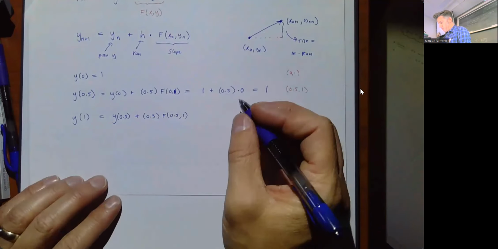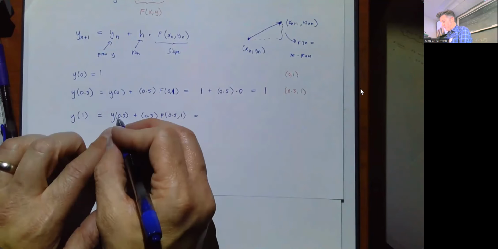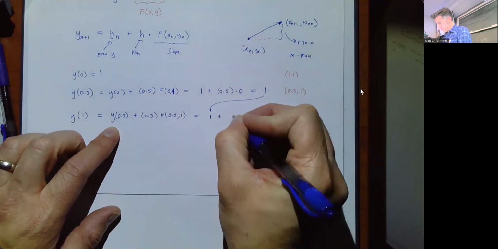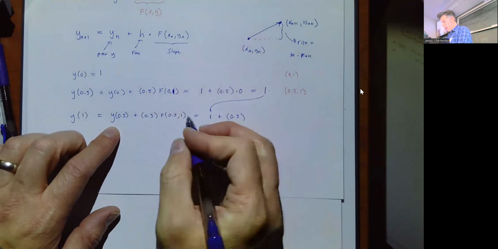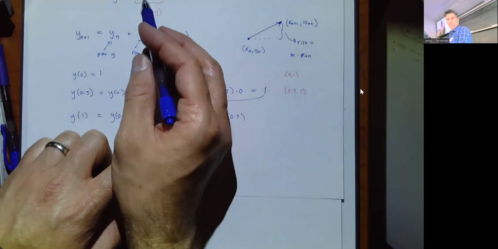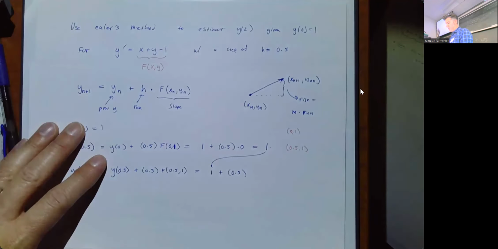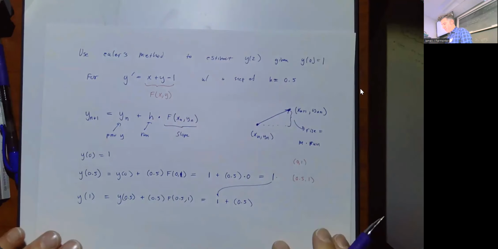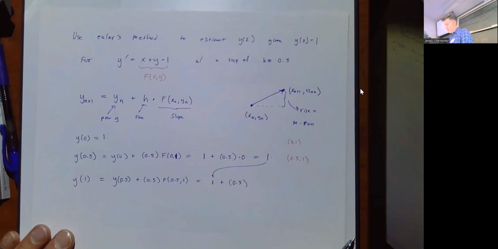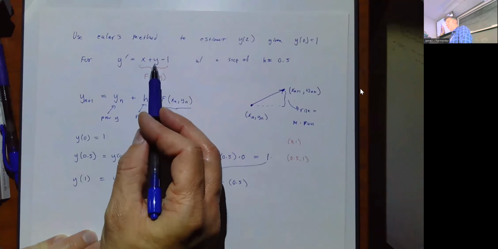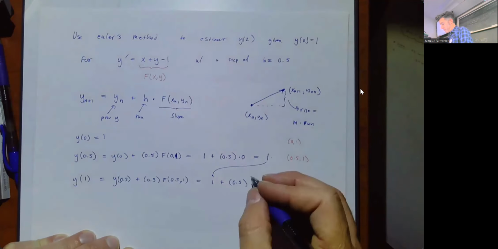And then that's going to equal y of 0.5, that value there, and f of 0.5, 1. F of 0.5, 1 is 0.5 plus 1 minus 1, which is 0.5.